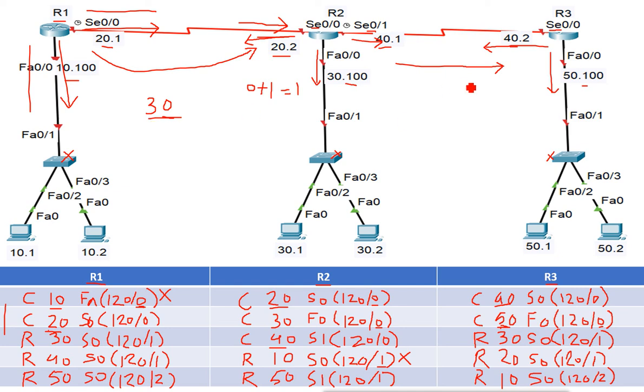Now suppose router 2's timer has not expired, but router 3's timer expires before router 2's. For example, router 2 has 30 seconds remaining and router 3's timer has 10 seconds remaining, so router 3 is ready to send its information while router 2 is still waiting.